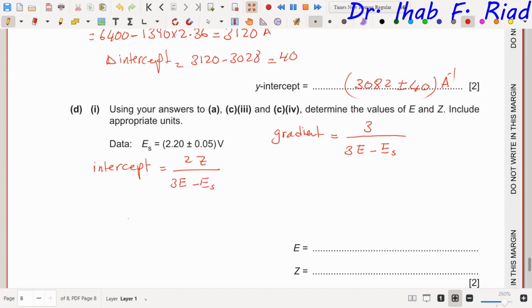Now we are asking for E, right? Yes. In the first one, we want E. Are we okay? We want to make E the subject. We need E, right?